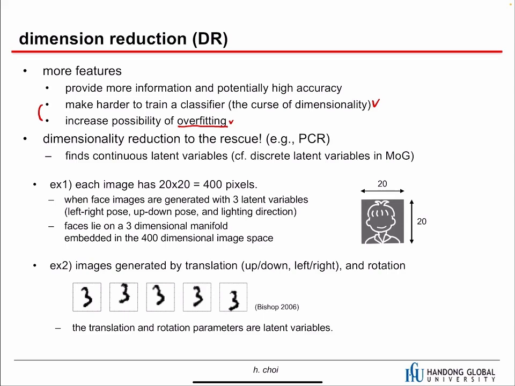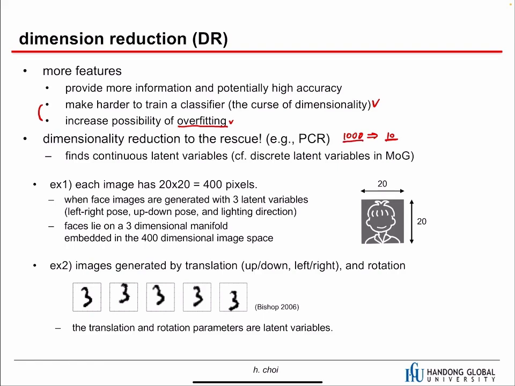So let's say we have 1,000 features, and that is too many features. Then we reduce the dimensionality from 1,000 to say 10. Then we're going to build a classifier, or some machine learning algorithm, based on this 10-dimensional space, instead of the 1,000-dimensional space.